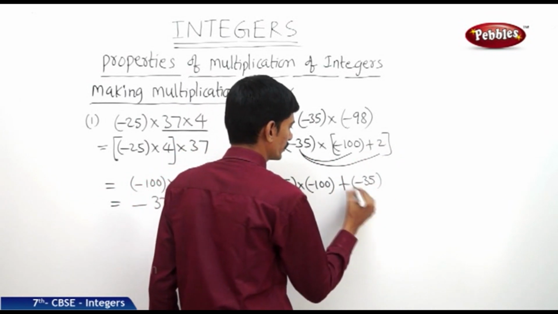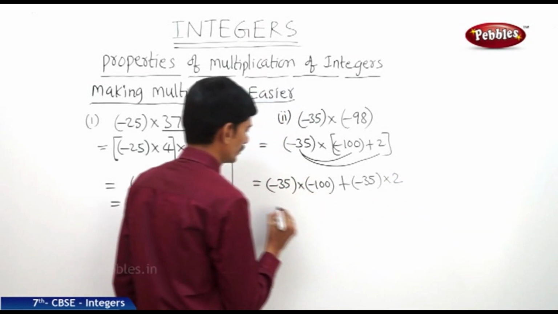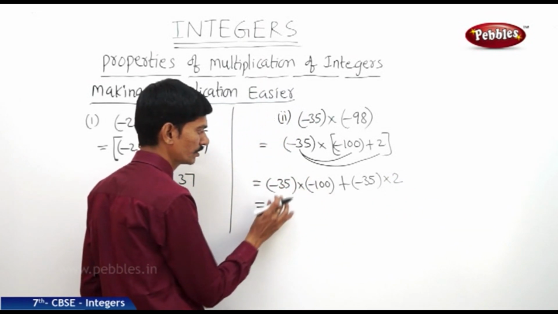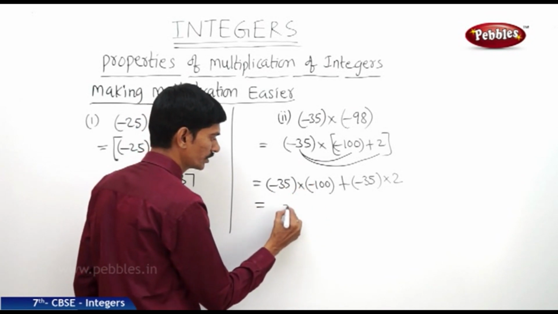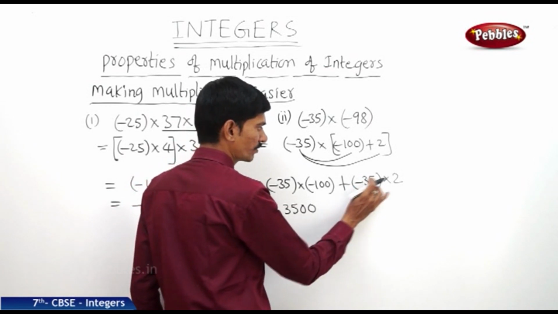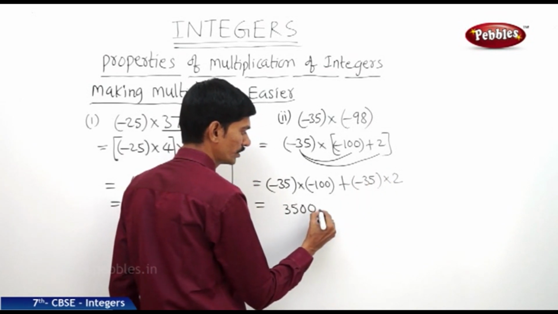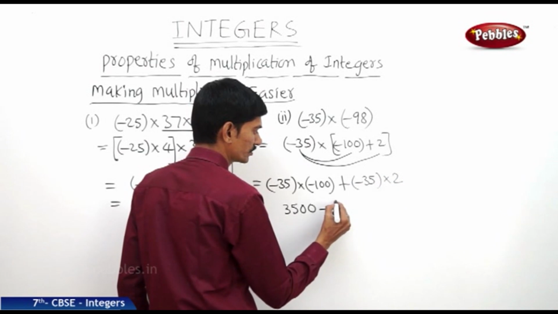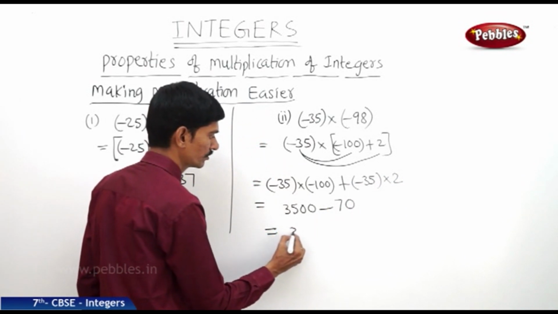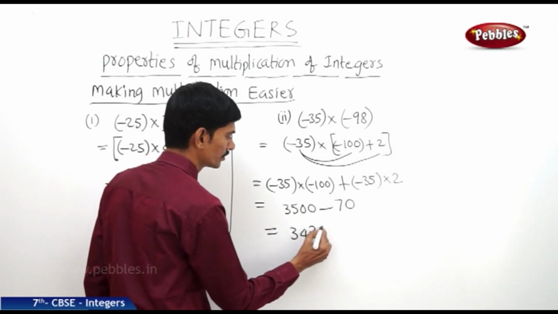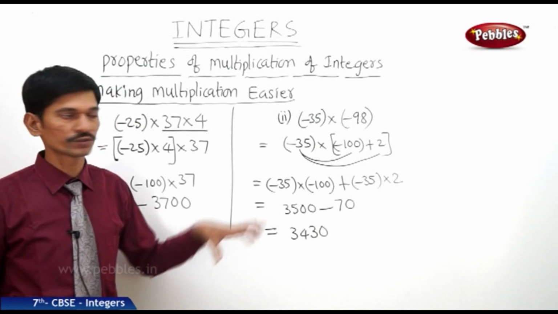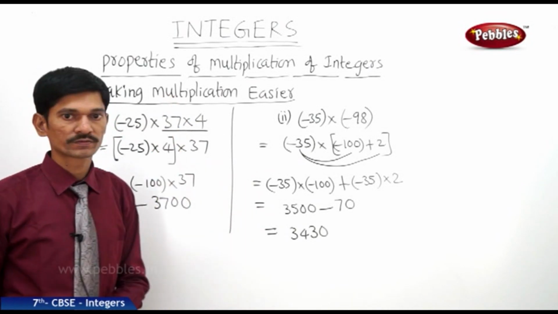When you multiply two negative integers, we will get a positive integer, and 35 into 100 is 3500. When you multiply a negative integer by a positive integer, we will get a negative integer, 35 2s are 70. So 3500 minus 70 is 3430. So this multiplication will be easy for us when we use the properties.